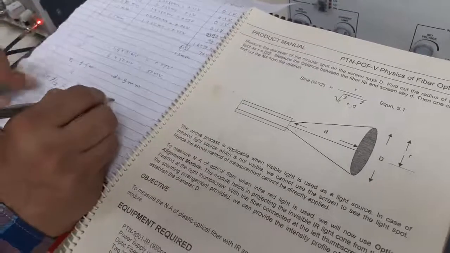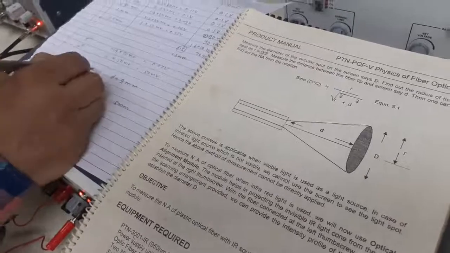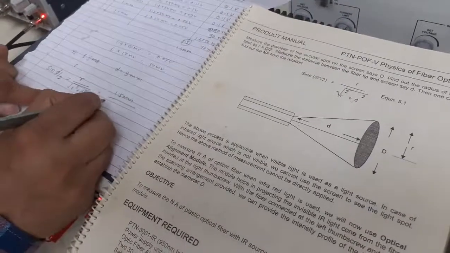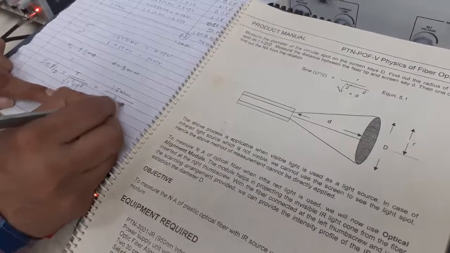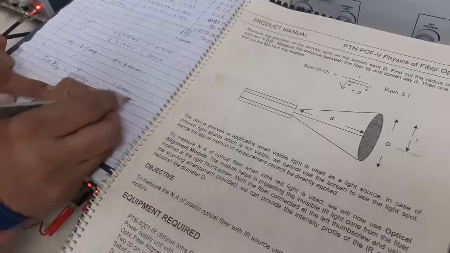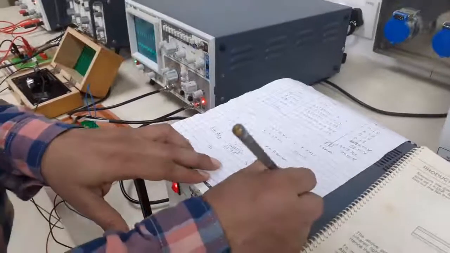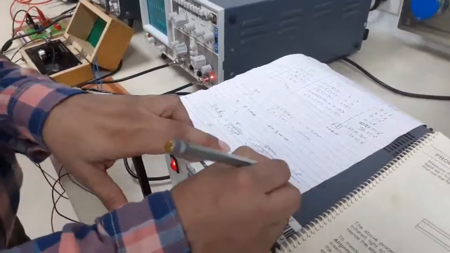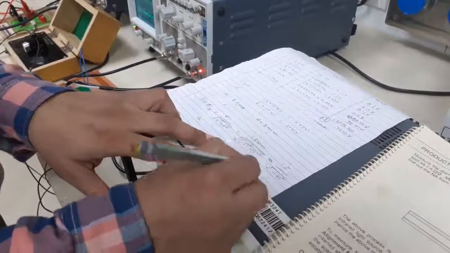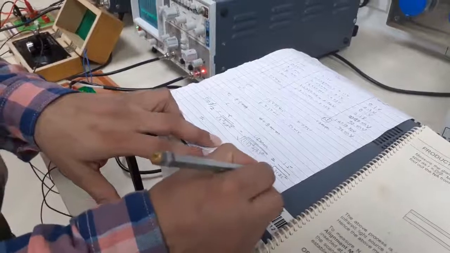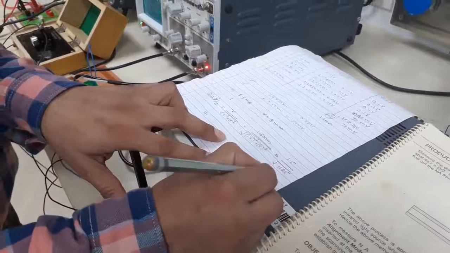Now if we put in all the values, 1.5 millimeter divided by root of 1.5 whole square plus D, 3 millimeter, square. If we calculate it, this is 1.5, then we calculate this value and it comes to 11.25, and if we solve this, it comes to 1.5 divided by 3.54.